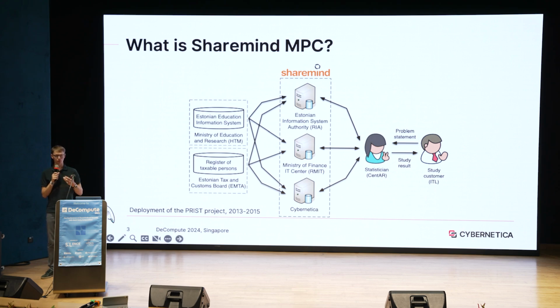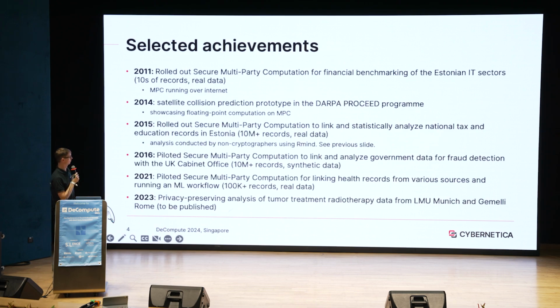So we basically took the language of R that the statisticians already knew, and then we implemented a new backend so that all of the commands that the statistician would write in R were actually implemented on the backend using MPC. So that's where we got this another component of ours that is called RMind.